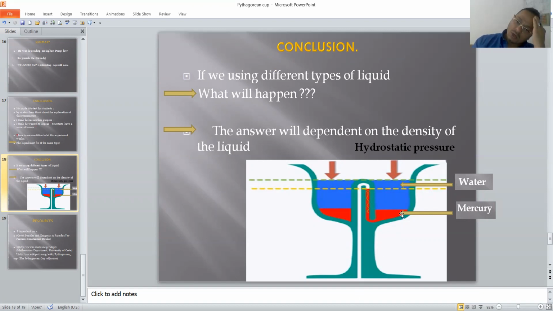But here, we put more and more water into this cup and cross the condition, cross the limit, but until now, we don't face a leaking situation. Why? Because the mercury has density more than the water.